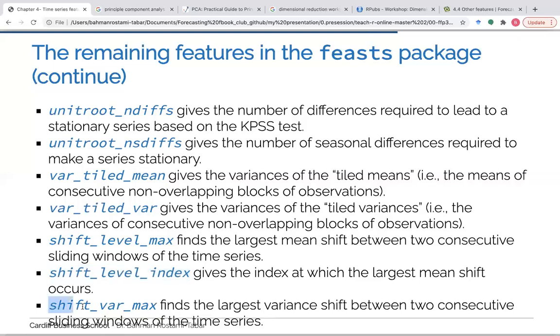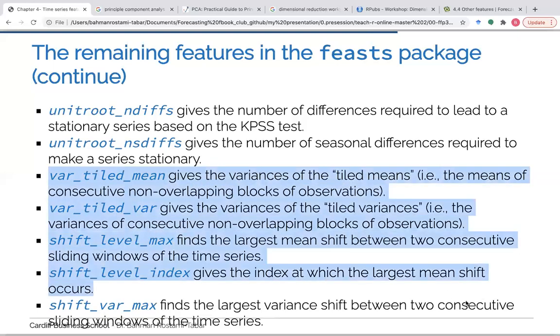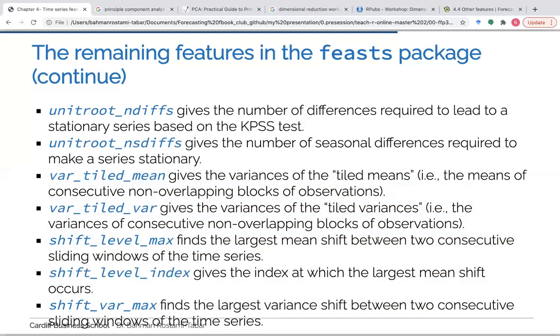We can also look at the shift underscore var underscore max. This is similar to this one, but instead of looking at the level, we look at the variance, and we see what is the largest variance shift between two consecutive periods. These measures are helpful if you're interested in seeing how volatility changes over the time series, how variation changes in the time series.